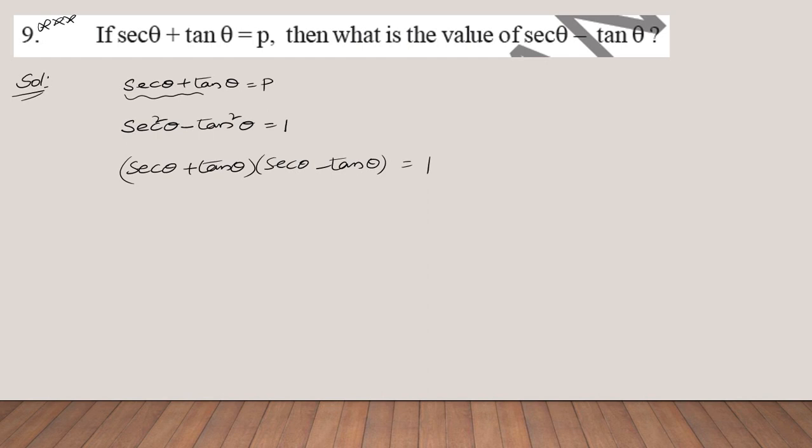Already we are given secant theta plus tan theta is equal to p. So when I substitute, I can write p into secant theta minus tan theta is equal to 1. So from this directly I can write secant theta minus tan theta is equal to 1 by p.